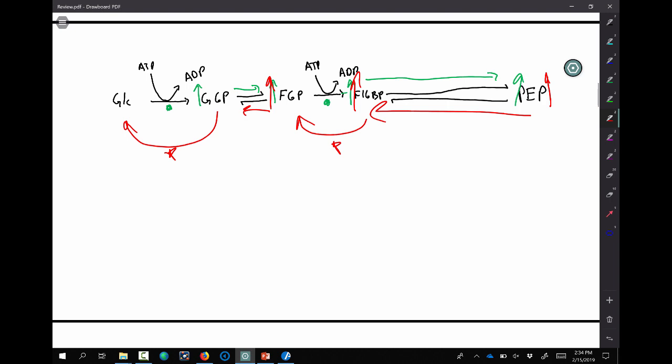Are the enzymes that are involved in the irreversible steps cooperative enzymes? So the question is, are the enzymes involved in the irreversible steps cooperative enzymes? Specifically hexokinase, PFK1, and pyruvate kinase, I would have to look at those specifically. I don't think so. They're much more sensitive to allosteric regulation.